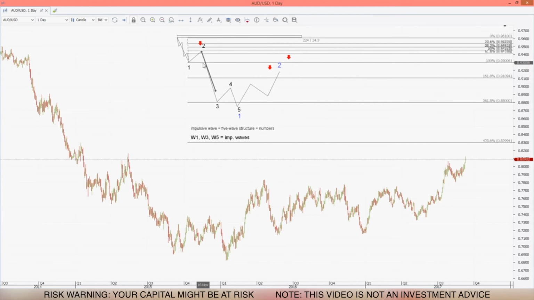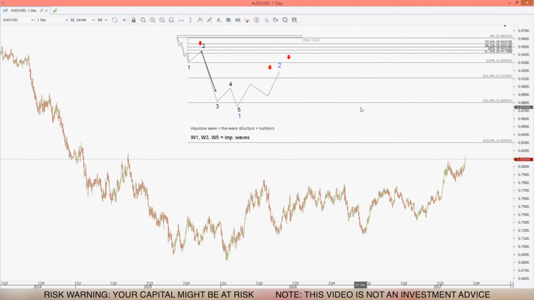As you can see, the third wave that follows, the impulsive wave that follows, is bigger than 161.8 when compared with the length of the first wave. That's an extension. It means that the overall first wave in blue here has an extension.